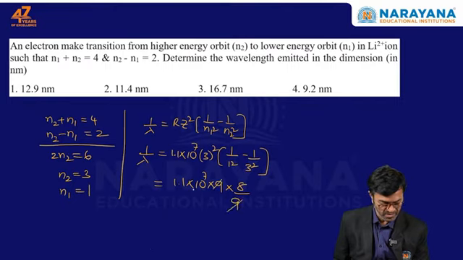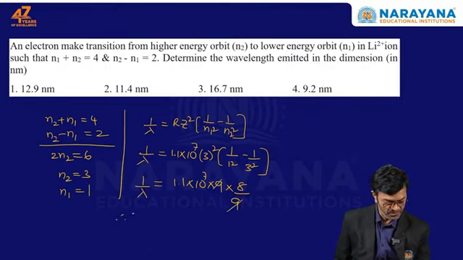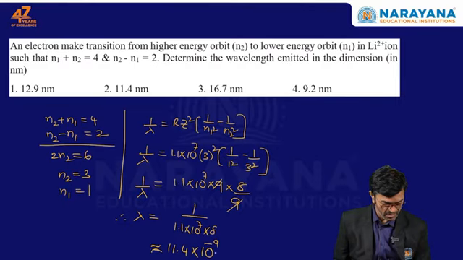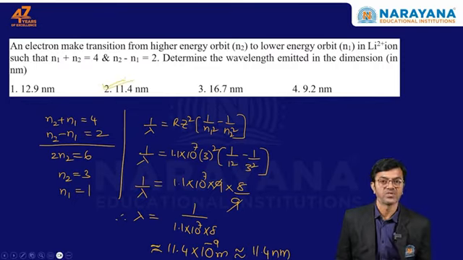So 9 gets cancelled. This is the 1 by lambda value. So we need lambda. So lambda is equal to 1 upon 1.1 into 10 to the power of 7 into 8, which comes out to be approximately 11.4 into 10 to the power of minus 9 meters. That means 11.4 nanometers. So our answer will be option 2.